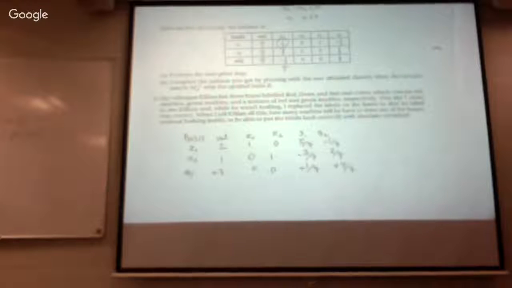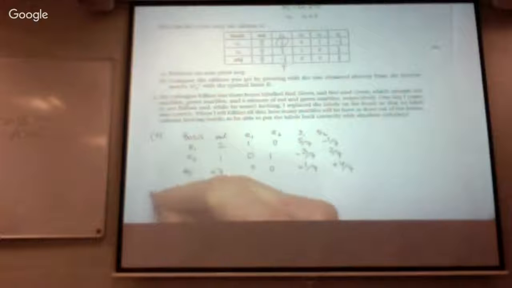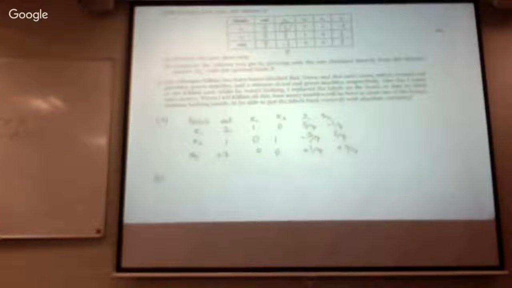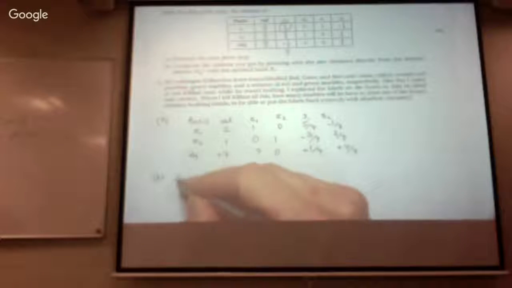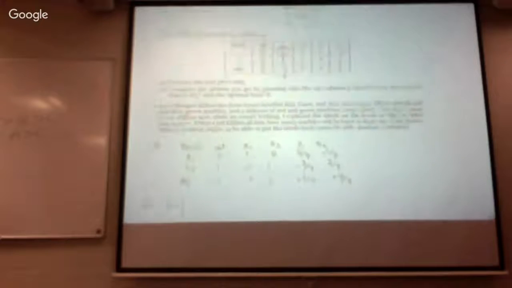Yes. But for part A, this is just by pivoting. For part B, what it asks you to do is find it from the matrix without pivoting at all. What you need to do is take the matrix of coefficients coming from the original LP, which is at the top here.